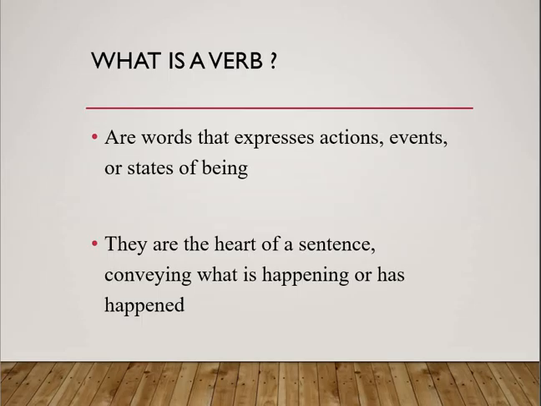When we say the heart of a sentence, we are saying that a simple sentence has one verb. Why am I saying so? Remember that in our previous lecture on sentences, if you are following my lectures, we said that a simple sentence has a subject and one verb.